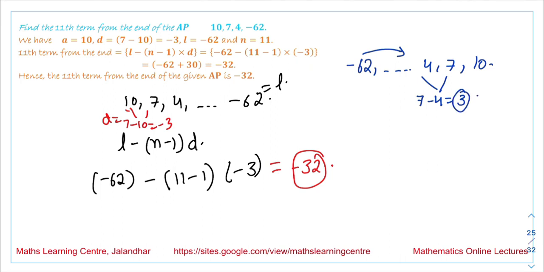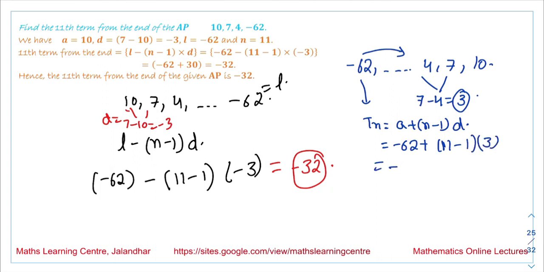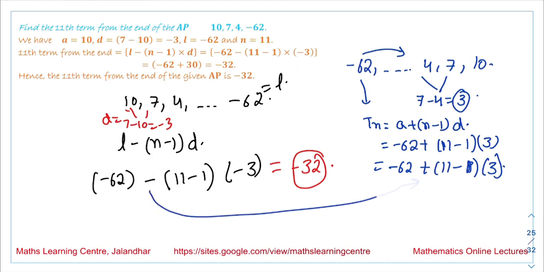So the nth term for this, Tn, will be a plus (n minus 1)d, that is minus 62 plus, for the 11th term, (11 minus 1) into 3. Both these formulas are the same.